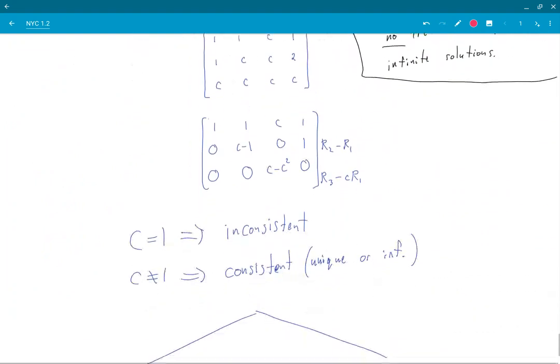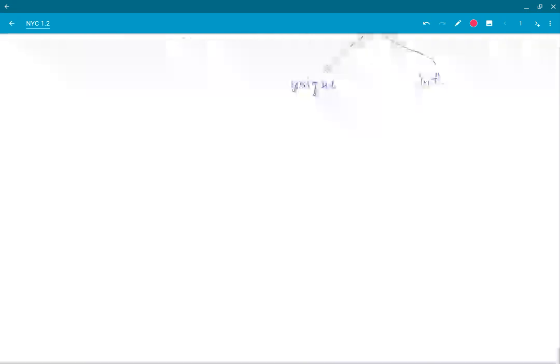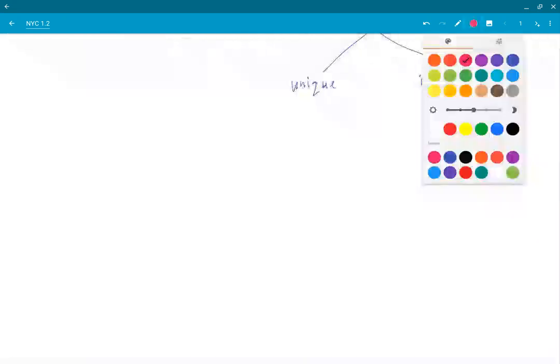Okay, so now we're assuming C is not 1. So this is a pivot. That's a non-zero number. Now, how can I have a free variable for this column? Well, I would need C minus C squared to be 0.